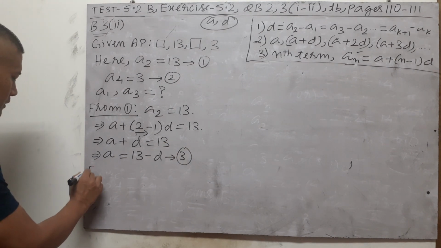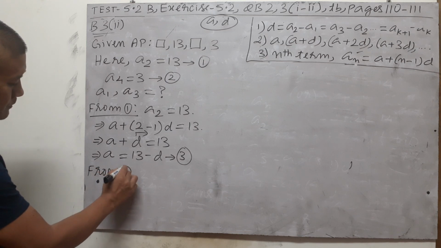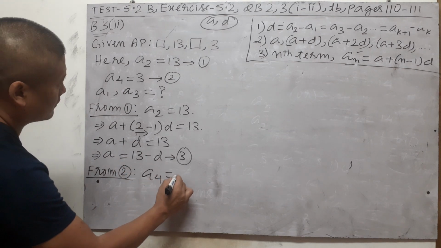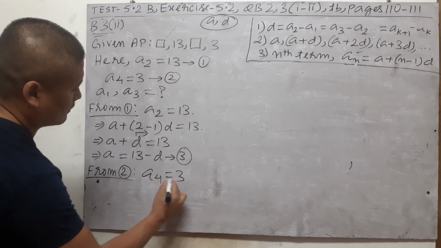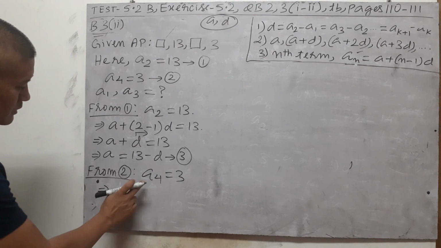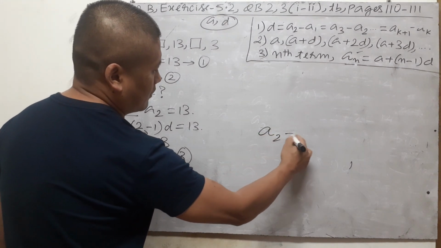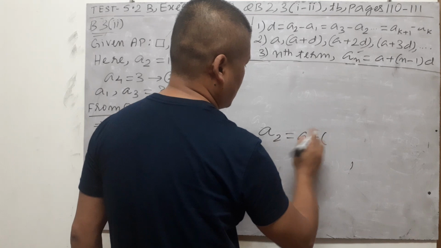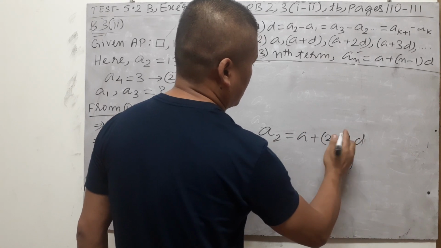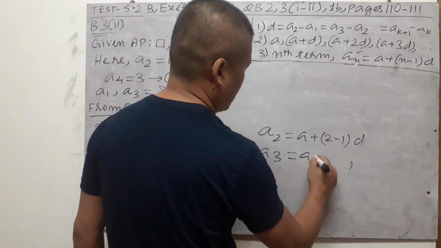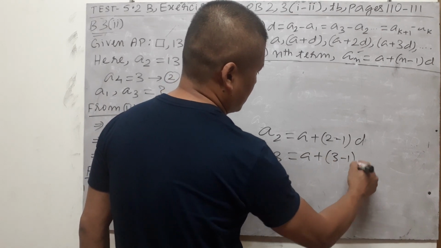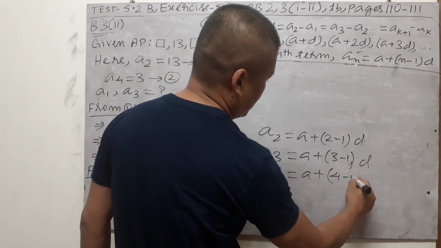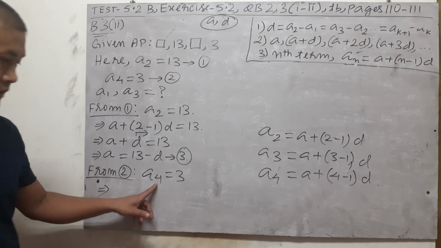Then from equation number 2, here A4 is equal to 3. That implies, as I said, A2 using this formula is A plus N minus 1, so our N is 2, so 2 minus 1 into D. Likewise, A3 will be A plus 3 minus 1 into D. A4 will likewise be, this time 4, so 4 minus 1 into D. Our case is 4, so we're going to use that.